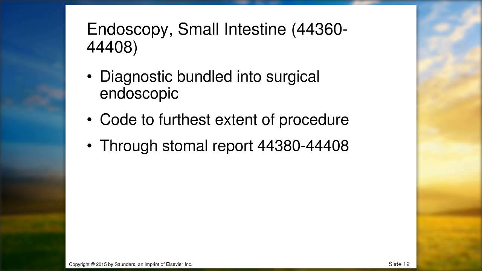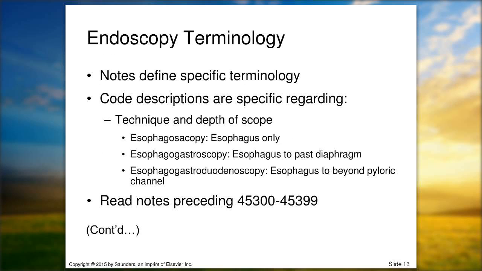Once you've determined the anatomic site, other factors might be needed for using the correct code. So you might want to query the provider. Some terminology that you might want to be aware of for endoscopy is paying attention to your notes. Your notes will define the specific terminology that needs to be used.